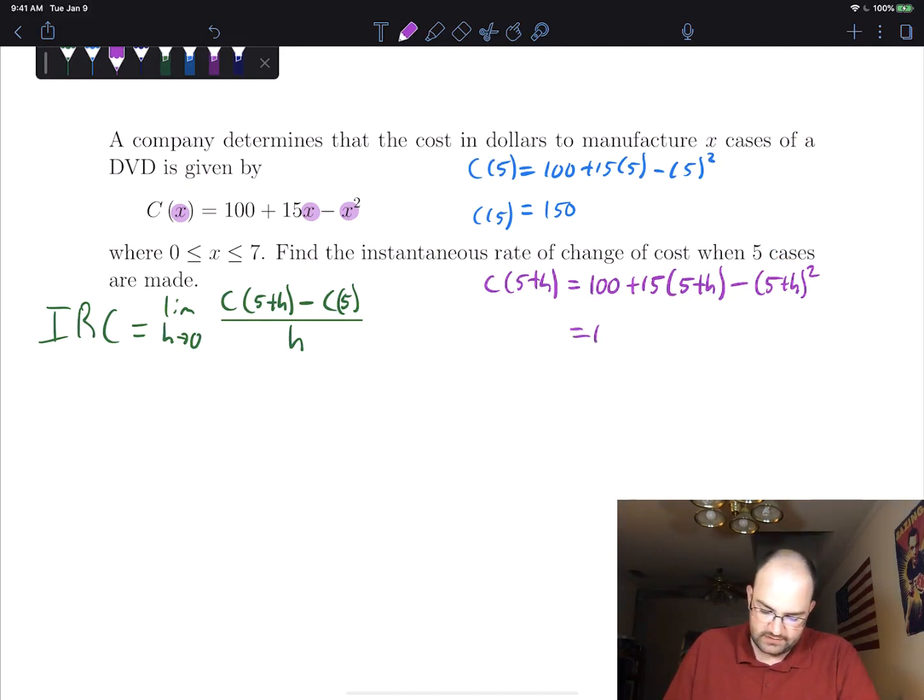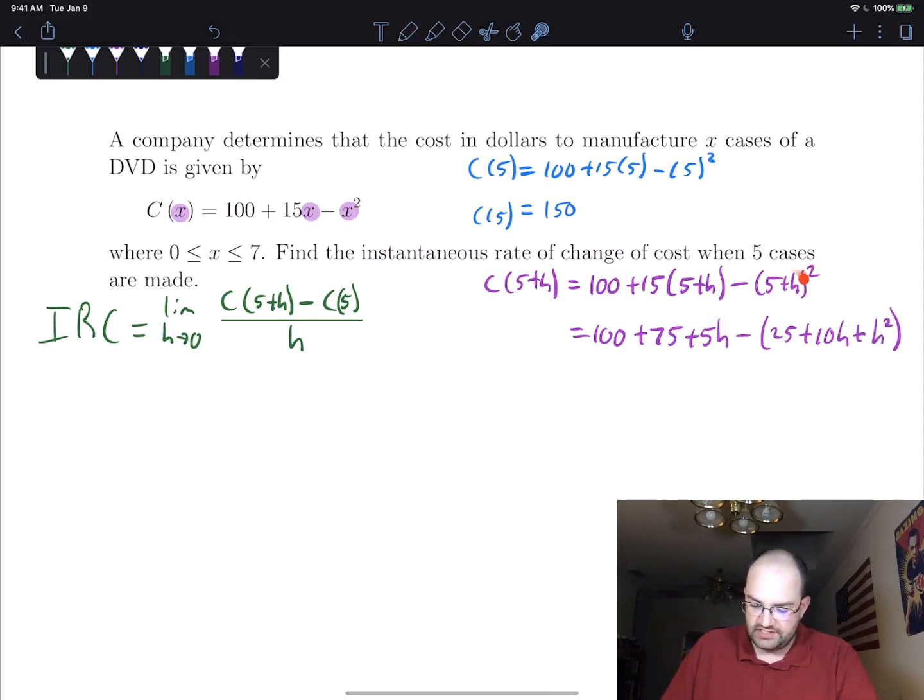This is going to give us 100 plus 75 plus 5h, and then minus parentheses 25 plus 10h plus h squared. Notice that I just did this squaring completely in my head immediately as I wrote it down. That's how helpful this process is that I showed you.